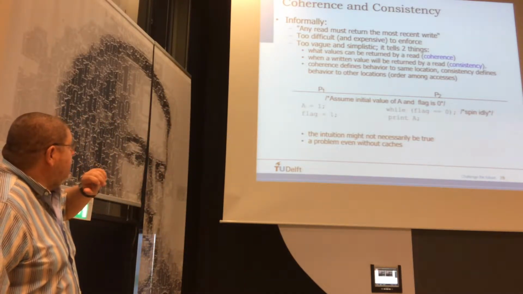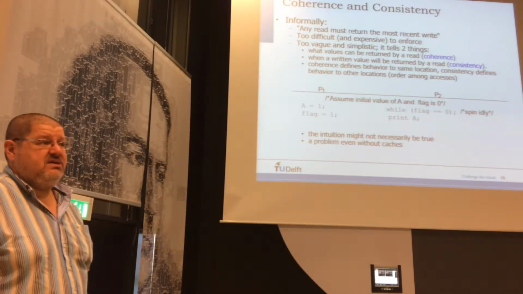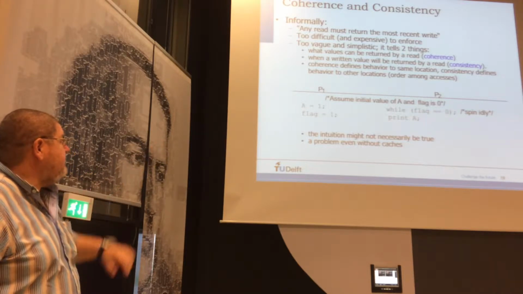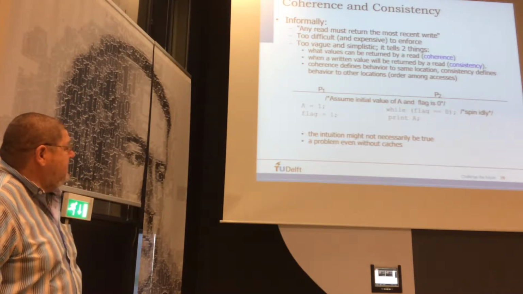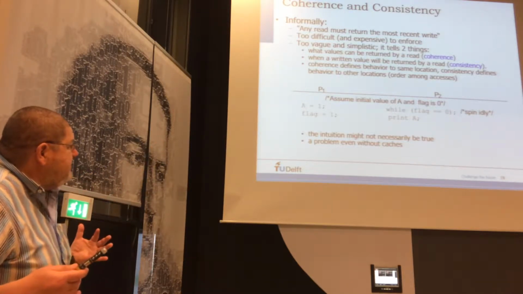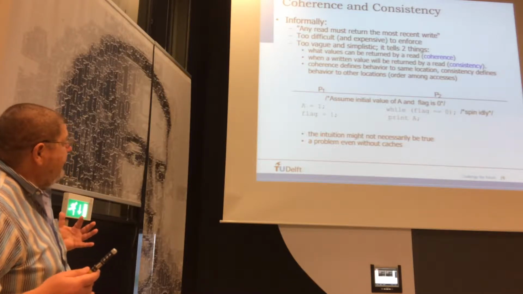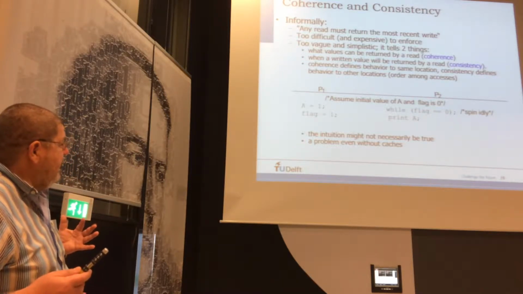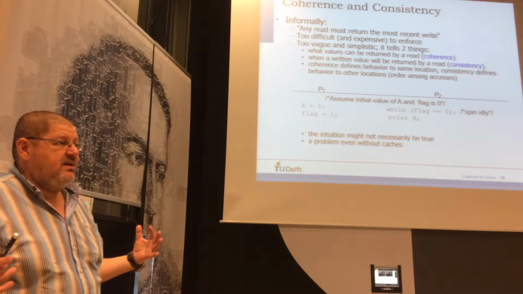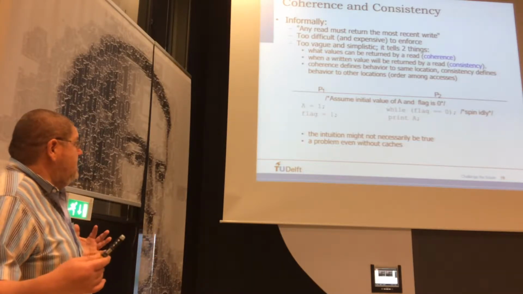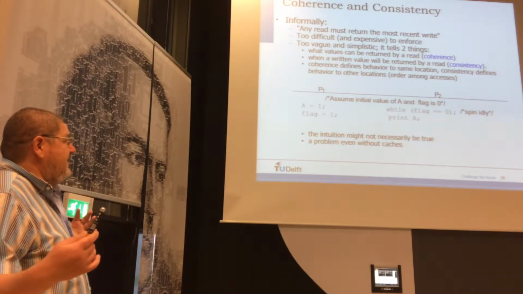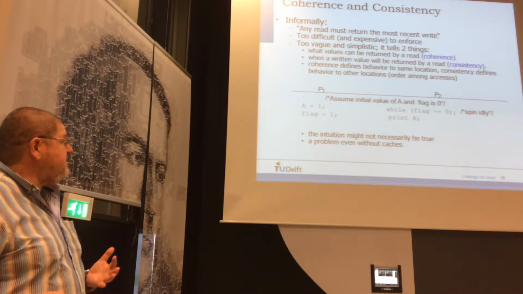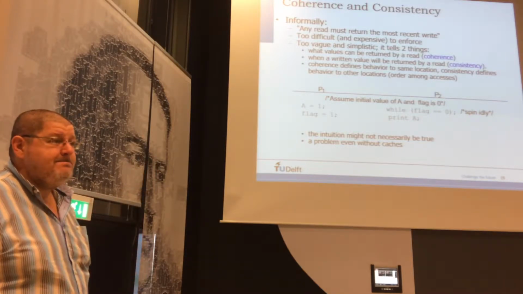Now, you see here you have two processes, and those codes are running in parallel. Now, you start with the initial value for A and flag 0, and you execute. Can you tell me for sure what will happen with process 2?